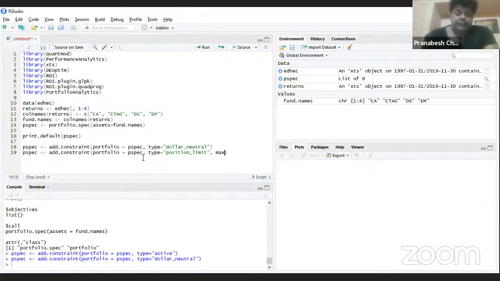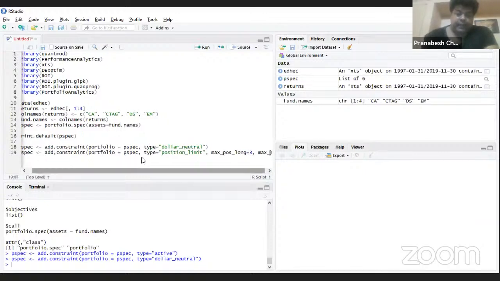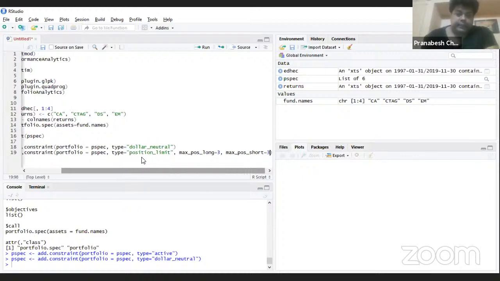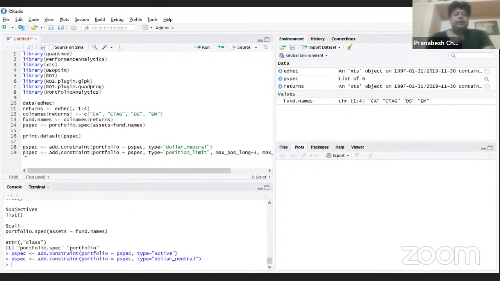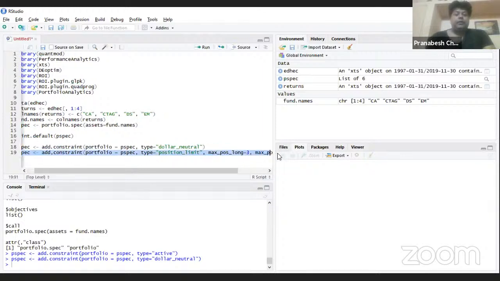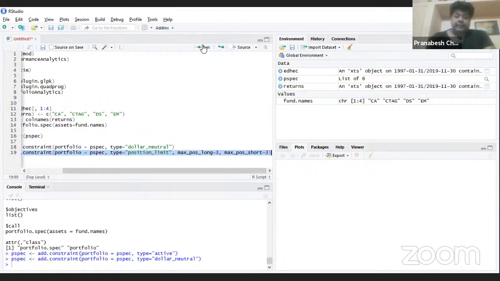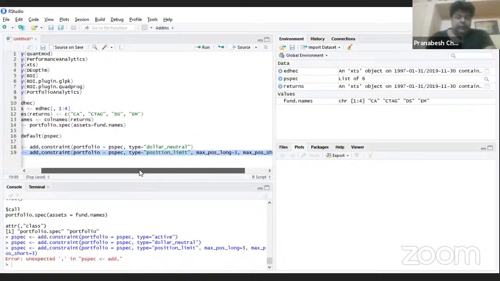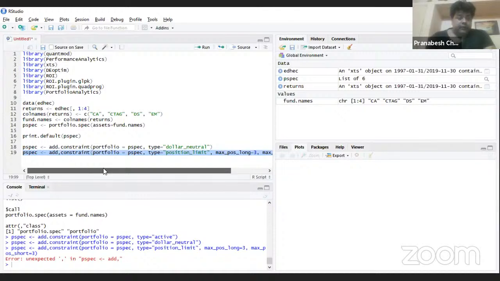Here we have to give how many long positions, comma, and the maximum number of short positions we are taking in our portfolio. This will not necessarily make our sum 0, but it will allow us to define the number of long and short positions that we are going to take. Now this add is a spelling mistake.